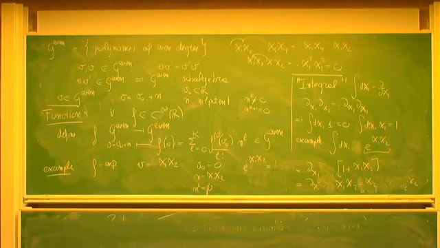Can you repeat yourself, Gianni? He said that he has a paper, 20 years ago, where they give a probabilistic interpretation of these Grassmann variables. I'd very much like to have the reference.